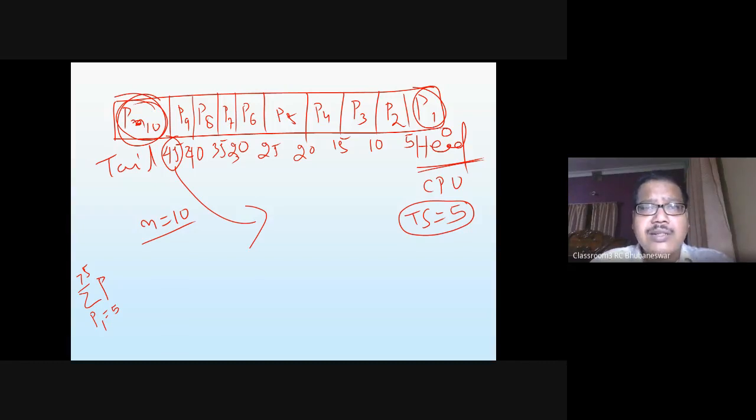Where are you creating this binary executable file? In dot slash a dot out. This is about the Ubuntu platform I'm telling. So in that dot slash a dot out, what is there? That is binary executable. This binary executable file is called your process.